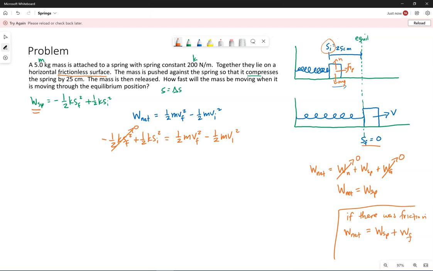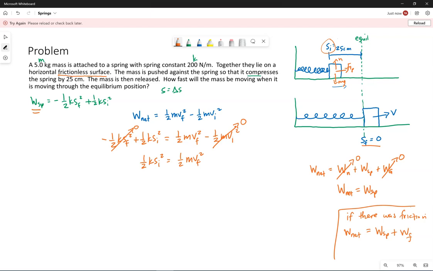In terms of kinetic energy, while we push the mass to the side and we release it, we don't give it any sort of initial speed. So we can say that that initial kinetic energy is zero. But of course, the final kinetic energy is not zero because we're trying to find out how fast it's moving. The mass is moving as it passes through equilibrium.